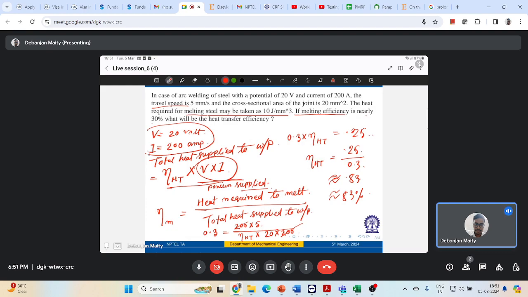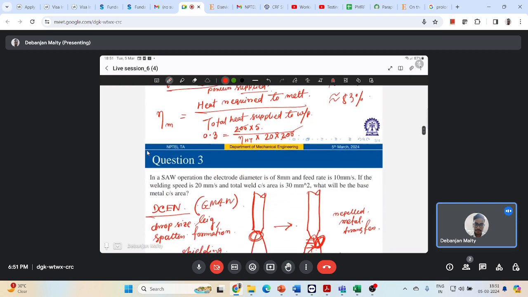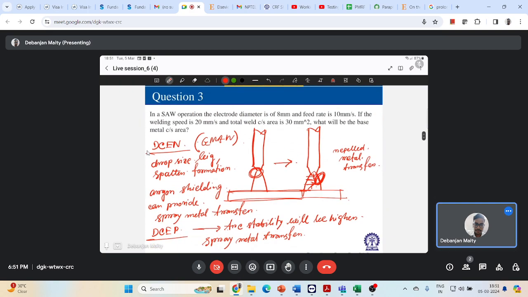So my melting efficiency will be the heat required to melt the filler, in addition to the heat required to melt the base metal, divided by the total heat supplied, right? So if you are using filler material, let us go to the next part of this numerical.